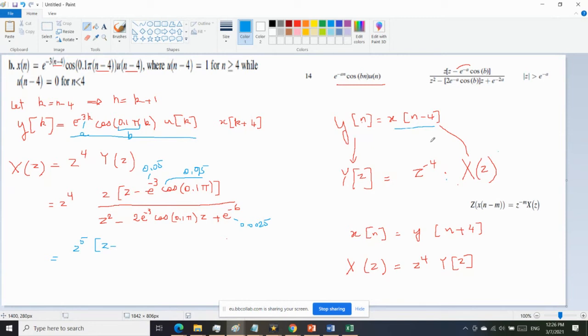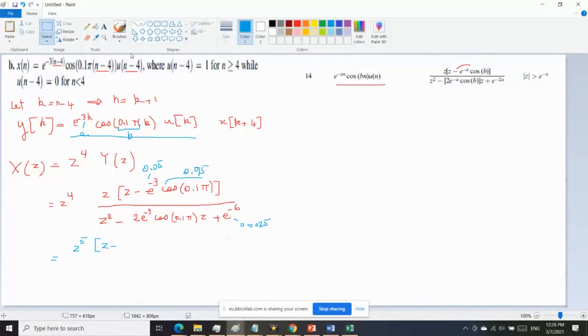Yes, okay. So we want the z transform of x. If this is y, we want the z of this. We take y and then we shift it.